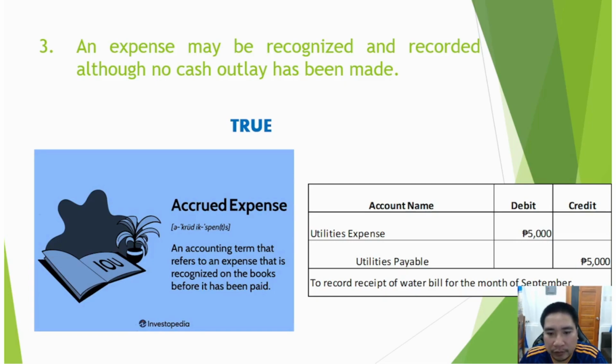But nevertheless, you have to recognize the expense because it is something that you have already incurred and will be paying later on. And obviously, there is no cash movement yet, but you need to record it. And to do that, you need to debit an expense and credit a liability. Again, there is no cash movement, but an expense has been recognized already at this point.